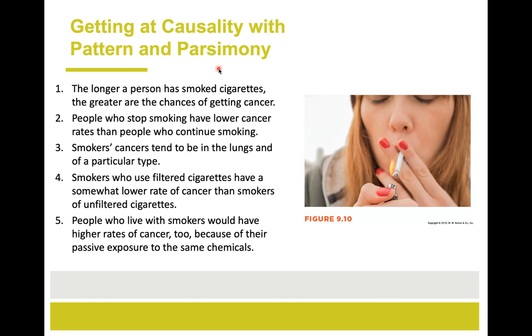Another very important and very relevant and great example of pattern and parsimony is climate change, right? No one single study can ever prove that climate change is happening. That's impossible.